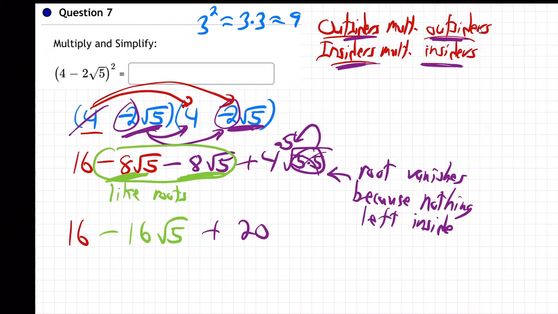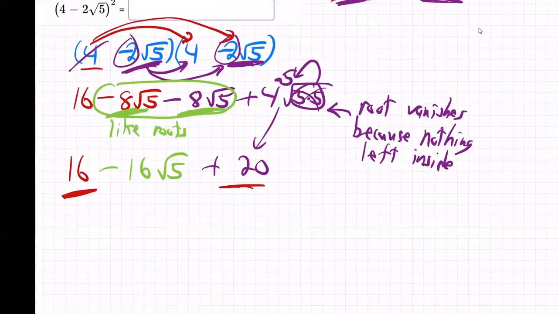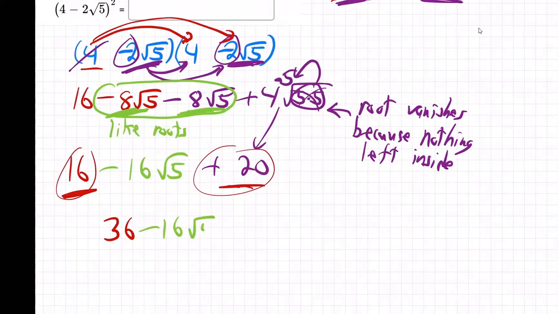What happened there? The 2 5s just sent out a 5. 4 times 5 is 20. Now, last step, 16 and 20 are just plain old numbers. They can add. 16 plus 20 is 36. And then you just bring down the 16 square root of 5. And that's our final answer.